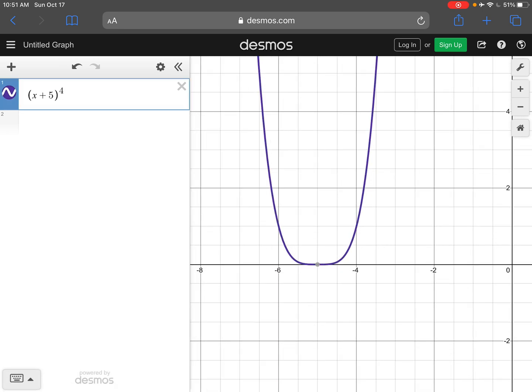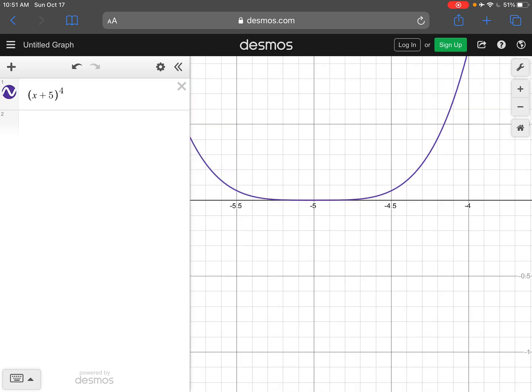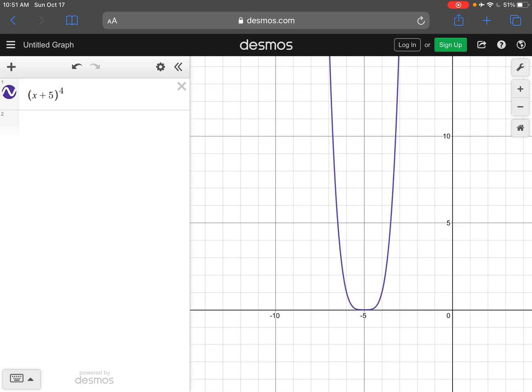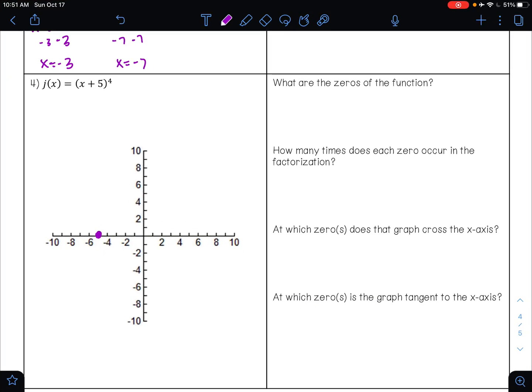And so here that zero is at negative 5. So this one kind of looks like this. So the zero is (negative 5, 0).